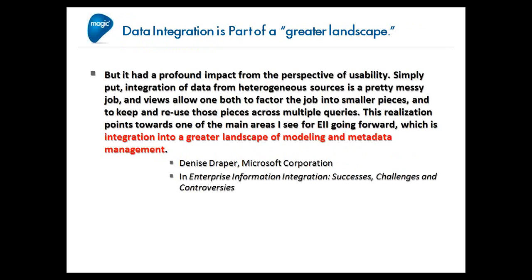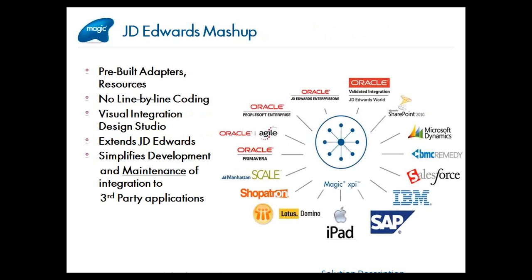And there's scholarly research to back up that finding, as well as experts in the industry like Denise Draper from Microsoft, who are telling us that enterprise information integration is really taking us into this area of metadata management. It's something that Magic in its XPA and XPI platforms is known as a leader in the industry in these areas.